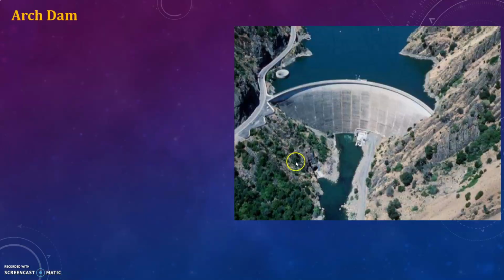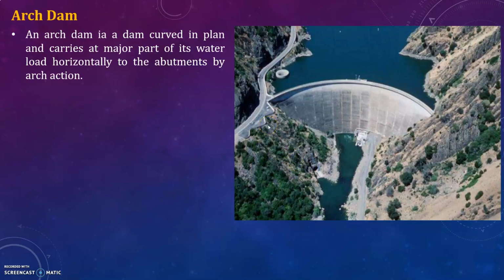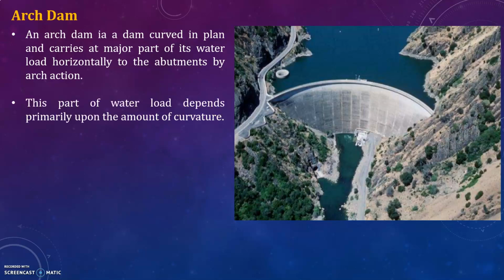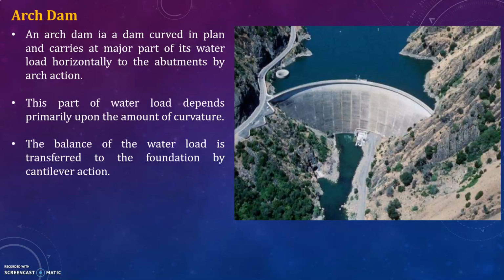Now let us discuss the next type of dam, that is arch dam. An arch dam is a dam curved in plan and carries a major part of its water load horizontally to the abutments by arch action. This part of water load depends primarily upon the amount of curvature. The balance of the water load is transferred to the foundation by cantilever action.